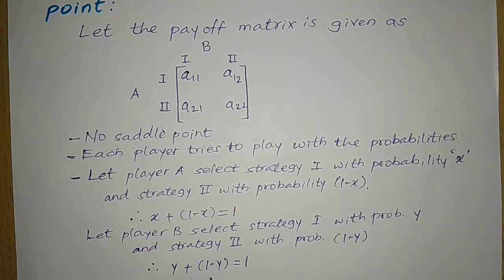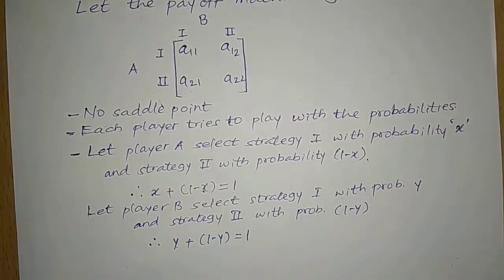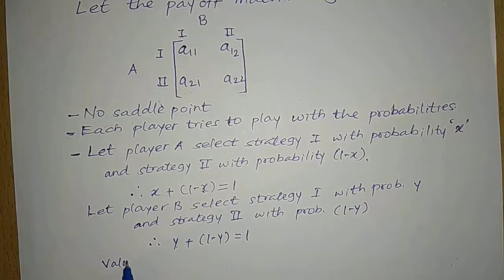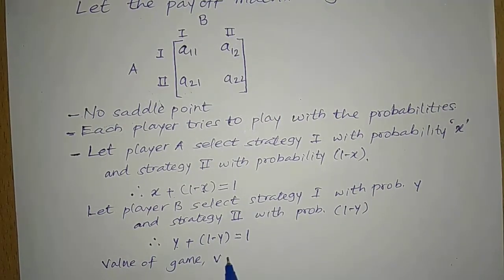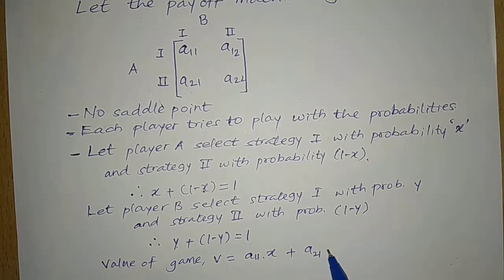Here we are interested to determine the values of x and y so that we can find out the value of game. So how to find out the value of game? The value of game, phi, has a formula: a11 into x plus a21 into 1 minus x.